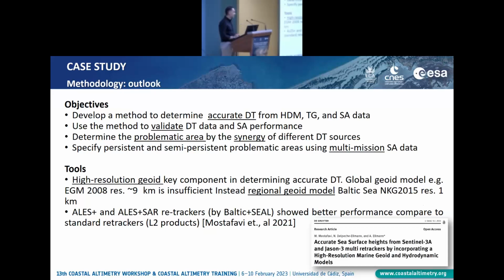And the tools we have here would be accurate, high-resolution geoid model, and also Alice plus SAR and Alice plus retracker dataset provided by Baltic SEAL, which has shown better performance rather than standard products.